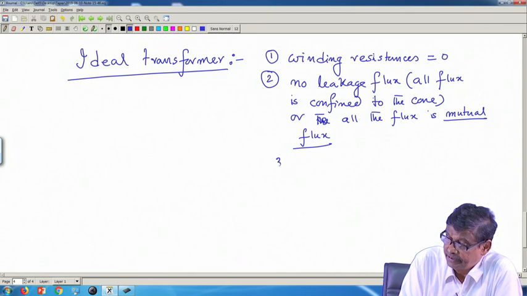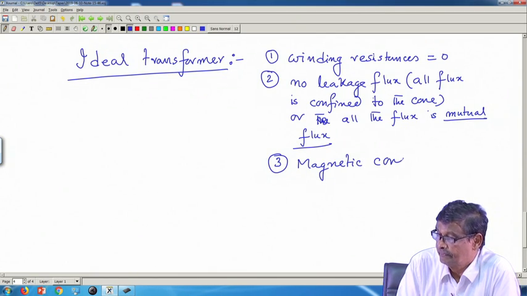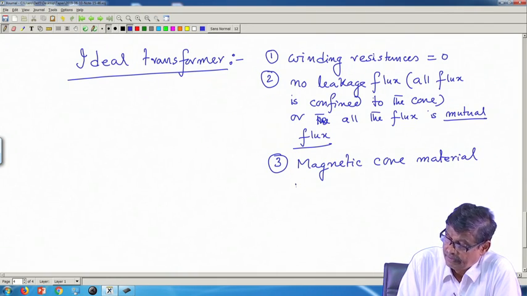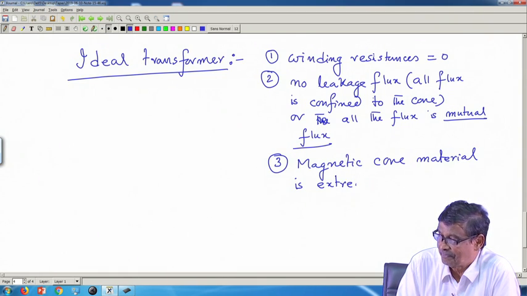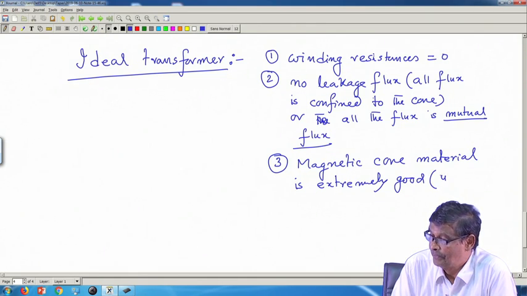And number 3 is magnetic core material is extremely good, mu r tending to infinity.